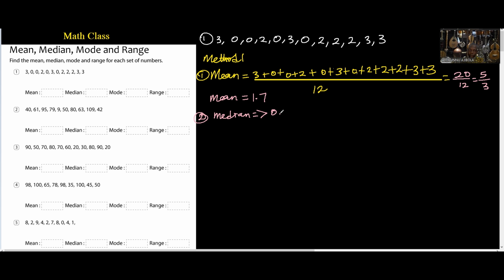Then there is no one, but we have twos. How many twos? One, two, three, four. Then how many threes? One, two, three, four. Okay.